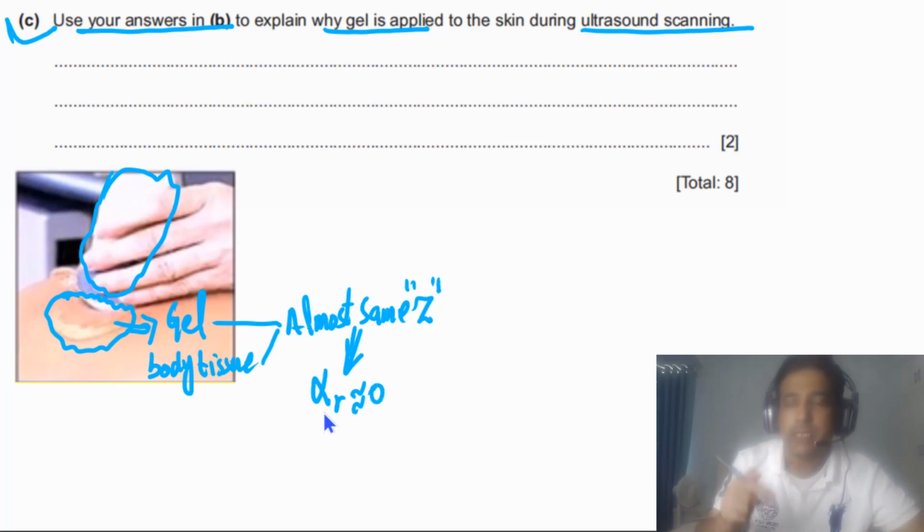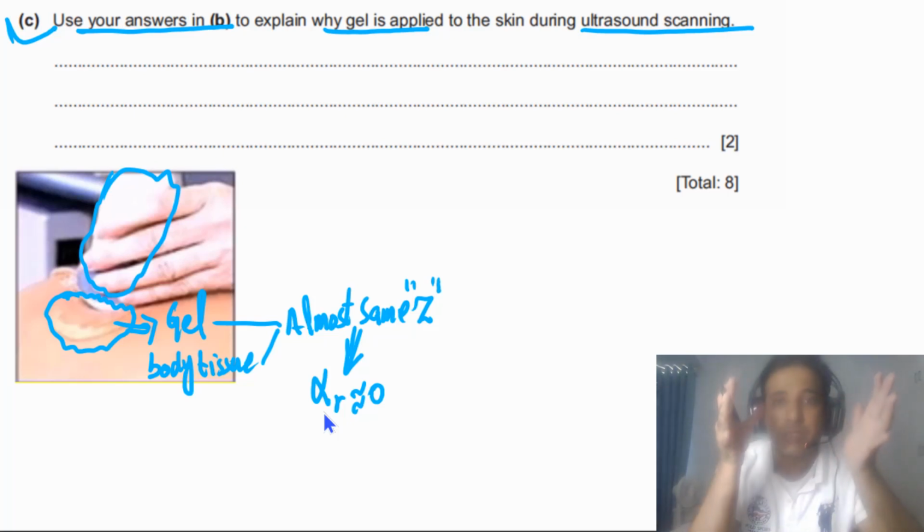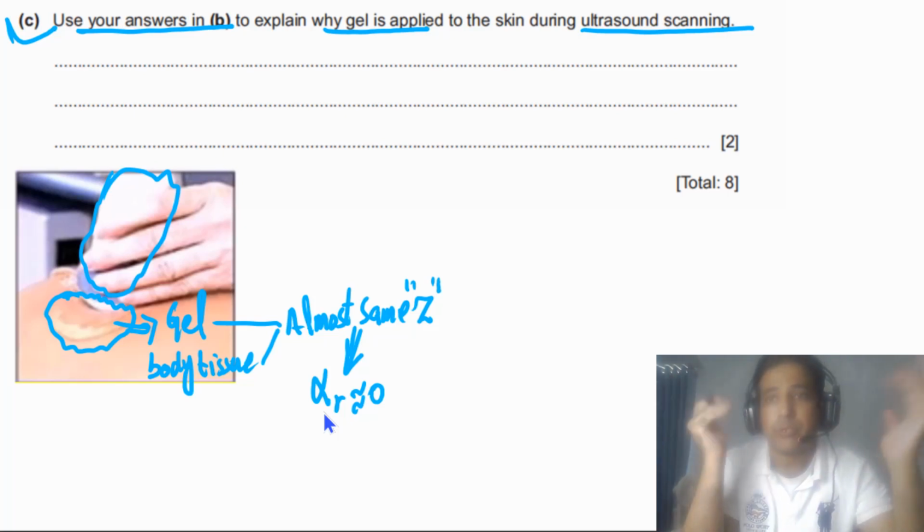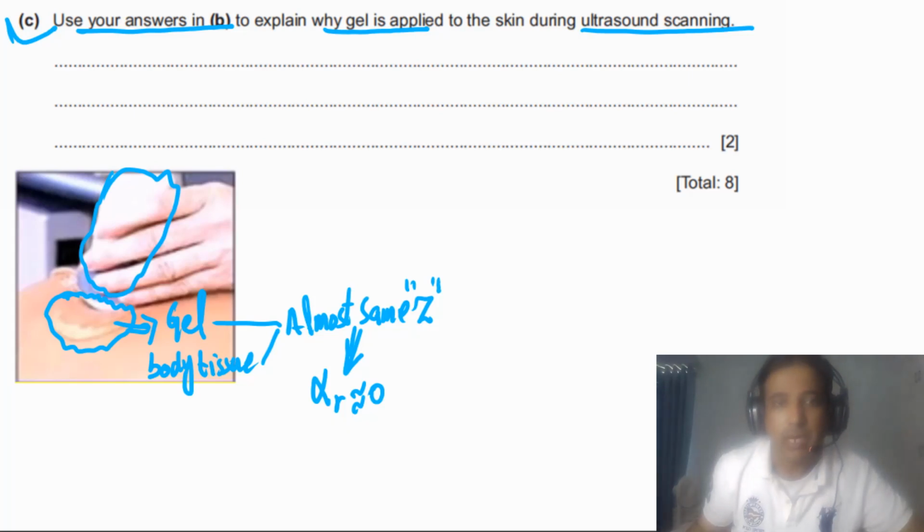So most of the ultrasound will enter the body of the patient and contribute to the image formation. We can have a better image and easily see details of the parts inside the body. These are the points we need to understand, and this question has 2 marks.